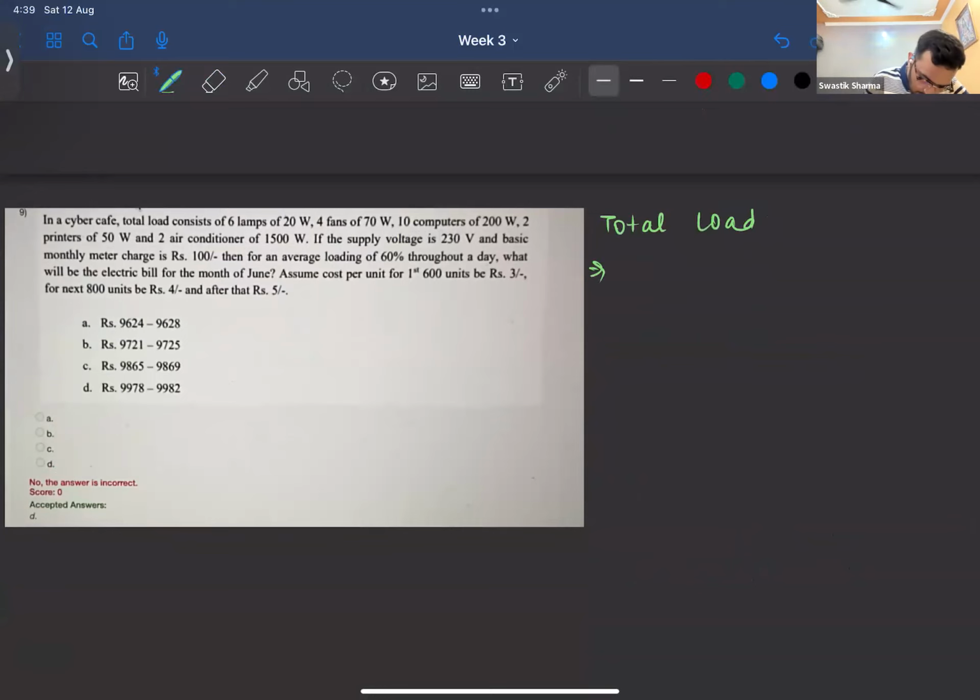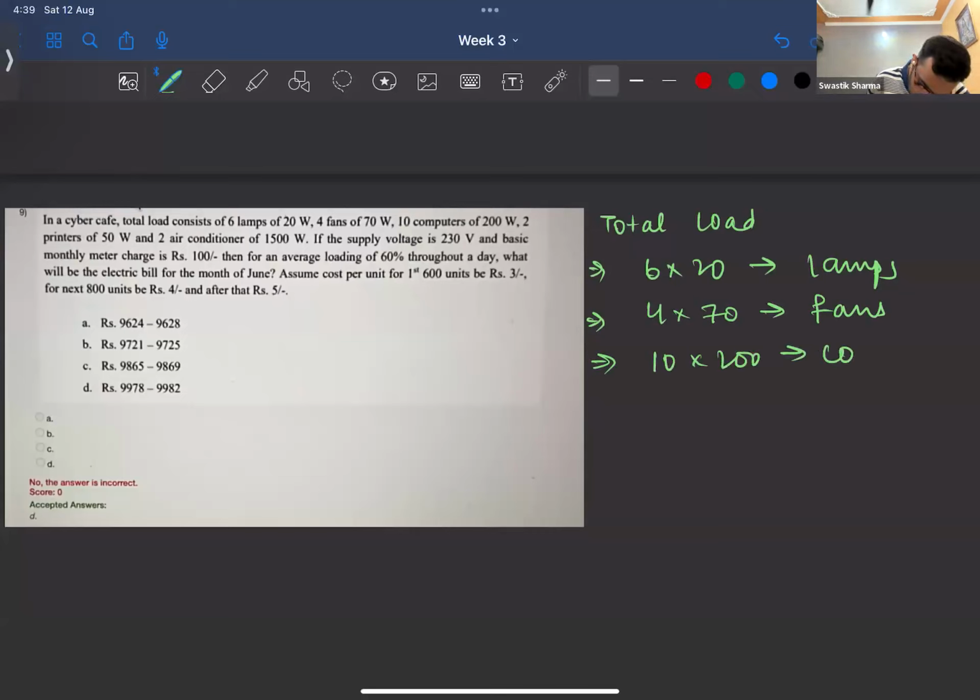The total load is nothing but 6 into 20 for lamps, and then 70 into 4 for fans, 10 into 200 for computers, 2 into 50 for printers, 2 into 1500 for earphones.